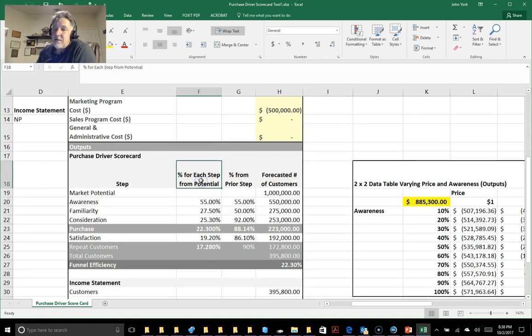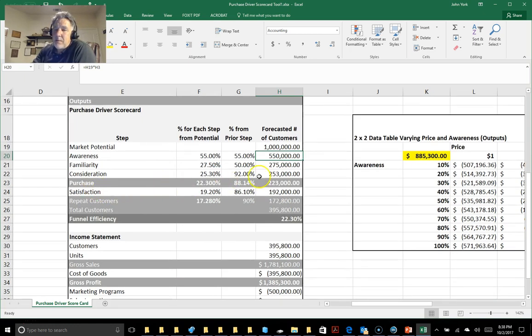But then you have percent of each step from potential, which is basically the ratio of the net forecast of customers to the total market potential. And then you come up with your primary purchase here in terms of number of customers, look at satisfaction numbers, and then conversion in terms of repeat customers. And the two together give you your total customers. And you have your funnel efficiency factor, which is the ratio of your purchase to your market potential.